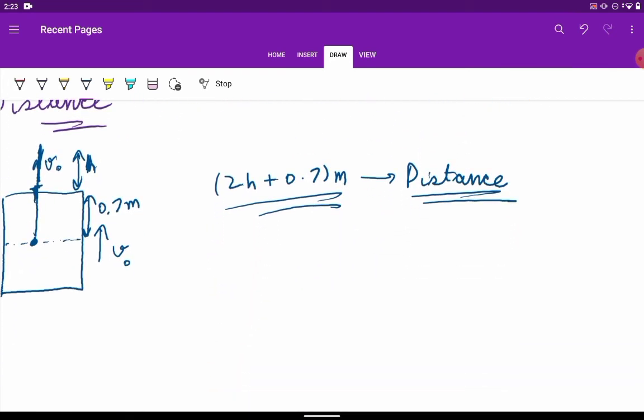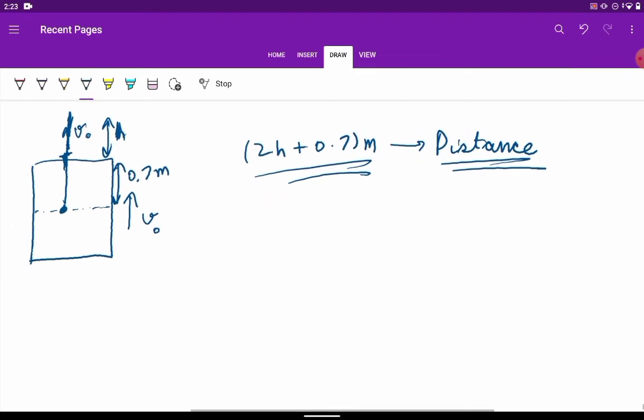Now we need to find h, and we know that when a body is thrown upwards, you can very easily calculate that. We are considering the downward direction to be positive everywhere, so minus h is equal to, because displacement is in the upward direction.